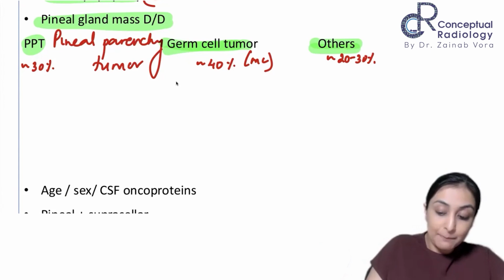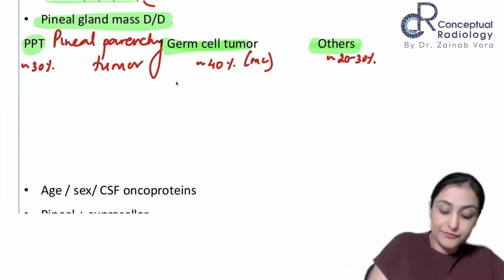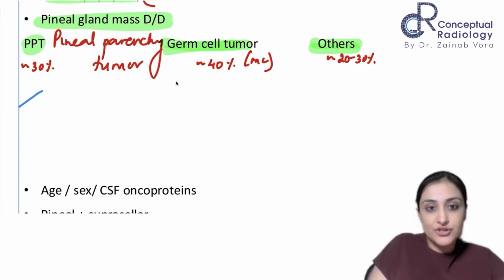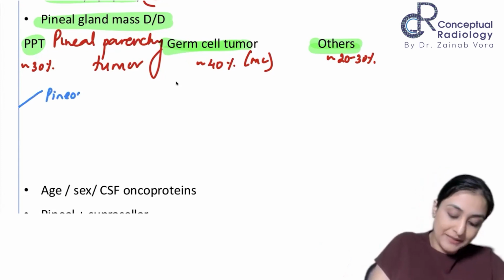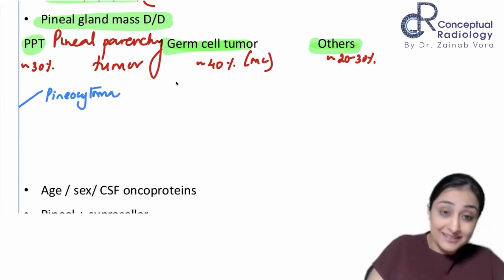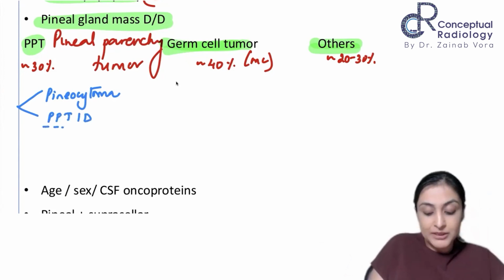Now let's go inside PPT, meaning pineal parenchymal tumor. Here we have three things that you have to remember. The most well differentiated is what we call a pineocytoma, your very well differentiated WHO grade 1 tumor. Then we have PPT-ID, pineal parenchymal tumor of intermediate differentiation.